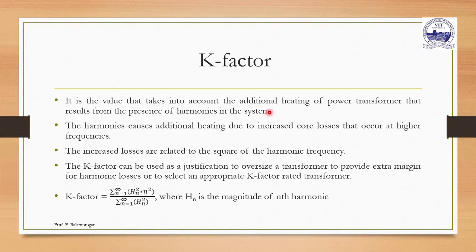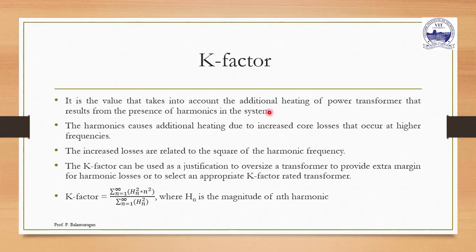in general, if I use an 8 kVA transformer for delivering an 8 kVA load, if the load contains harmonics and it draws excess power from the system, this excess power, or the harmonic currents and voltages, will increase the losses in the system, and hence the power output of the transformer will be less than 8 kVA.